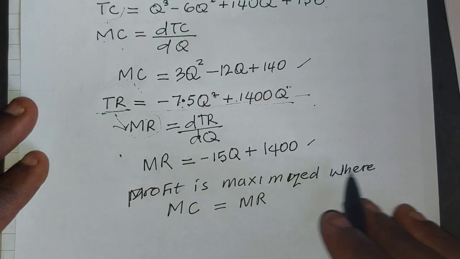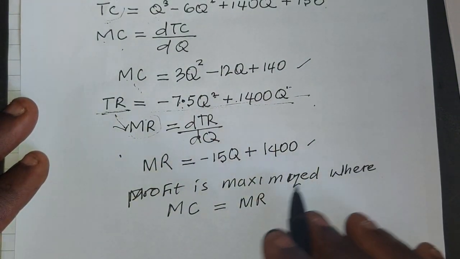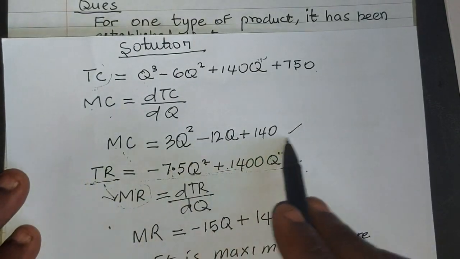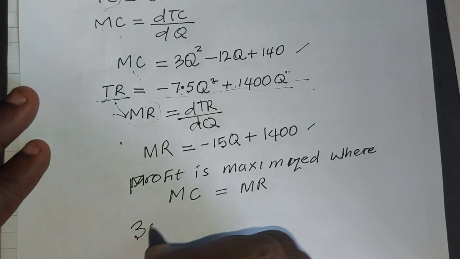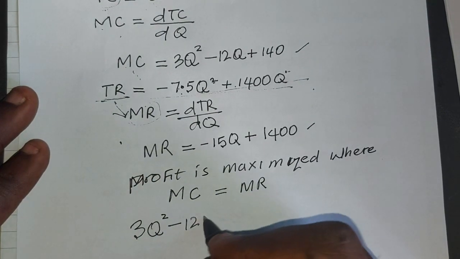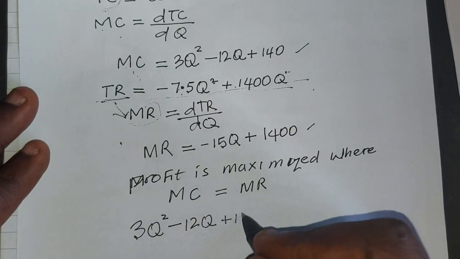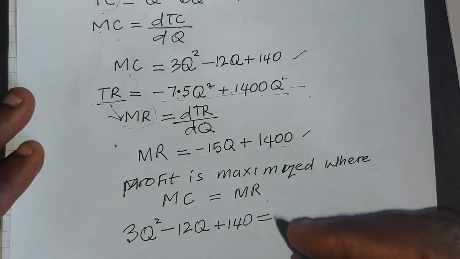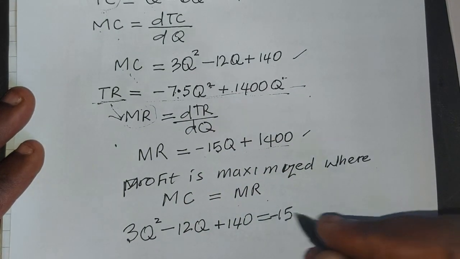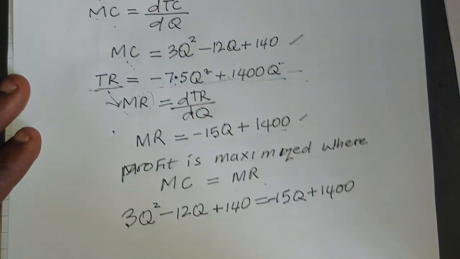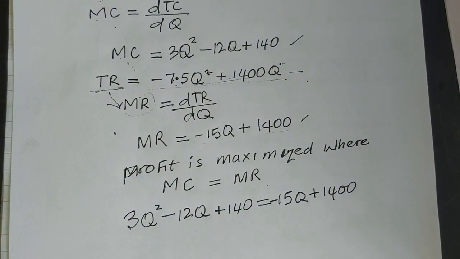Profit is maximized where marginal cost equals what? Marginal revenue. So what is our marginal cost? It's 3q squared minus 12q plus 140, equals the marginal revenue, which is minus 15q plus 1400. You bring these equations together.